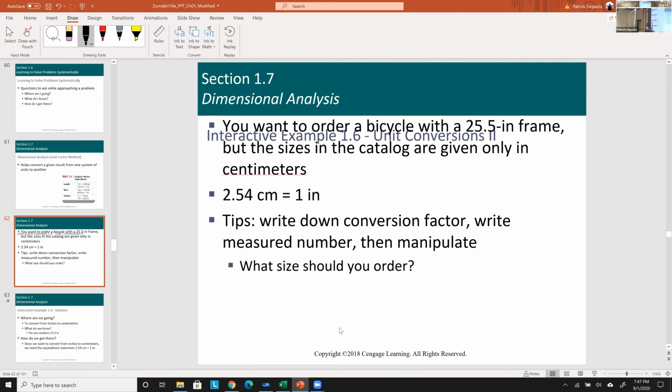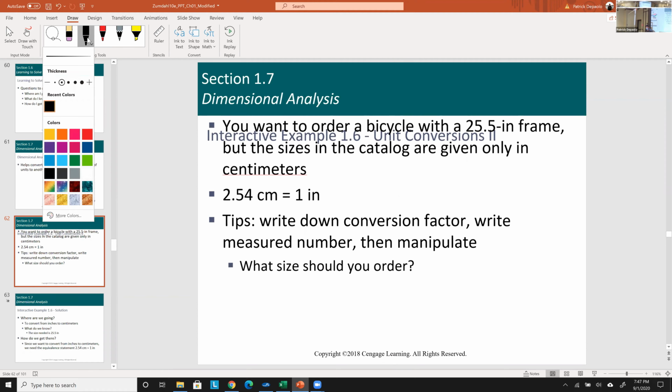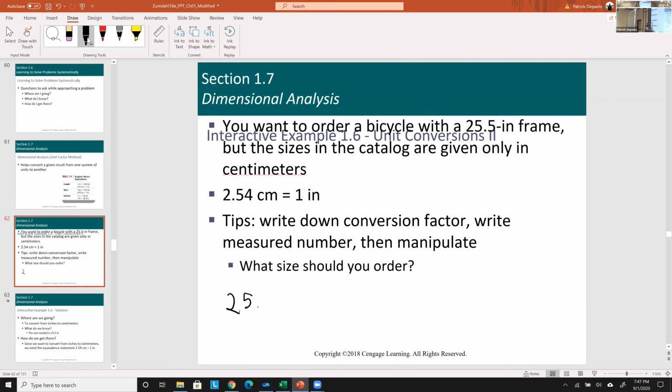In this case, we have a 25.5-inch frame of a bike. So 25.5 inches. Then we're going to take the conversion factors that involve inches, and we're going to multiply or divide to get rid of inches and move into our final unit, centimeters. So inches times, and the way to do that is you multiply it by the equality.